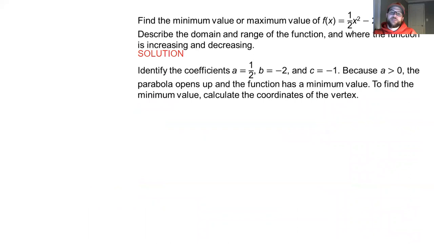Because that a is positive, the parabola opens up, which means that the vertex has a minimum value. It's the lowest. So we need to find that minimum value by finding first the axis of symmetry. So we're using the formula -b/2a, plugging in -2 and 1/2. Simplify that down, you get x equals +2 as the axis.